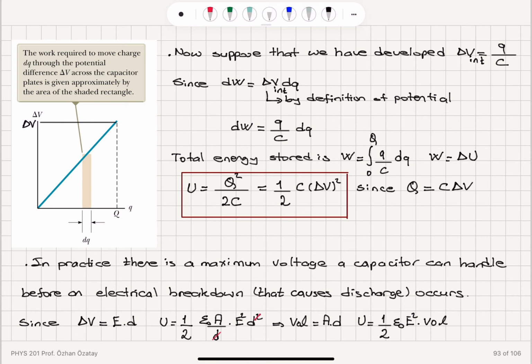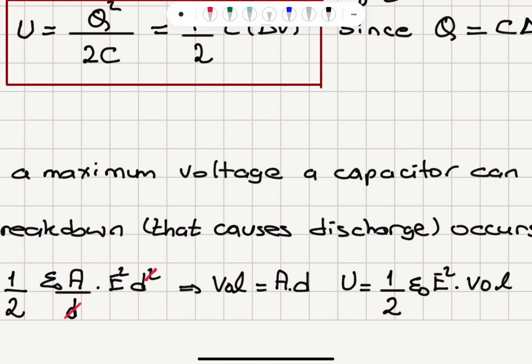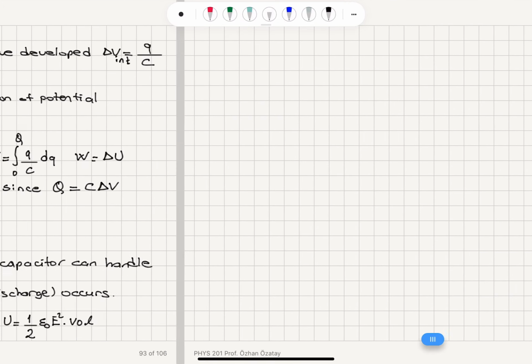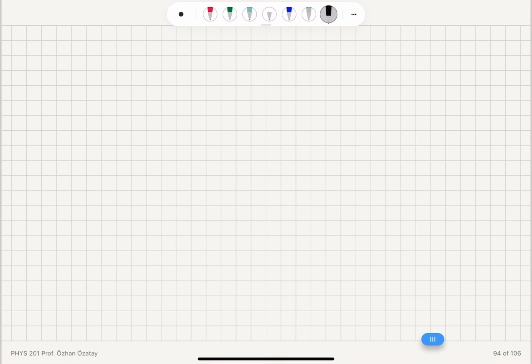So if I take this equation and divide both sides by the volume, total energy stored per volume, I will call energy density. The energy density stored in electric field E is 1/2 epsilon 0 E squared.